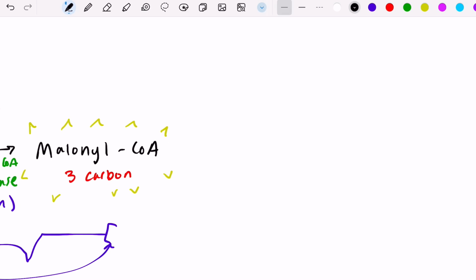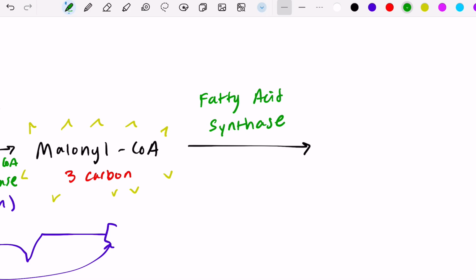All right? So now we have our activated molecule, malonyl-CoA. What happens to it? The main enzyme in fatty acid synthesis is namely fatty acid synthase, right? So we just tack on the -ase to the end there. Fatty acid synthase is a giant enzyme, and it makes use of something called substrate tunneling. Not super important for answering all the questions, but just know that the enzyme is really big and has a lot of active sites that kind of push molecules together and change the environment so that we can stitch together a bunch of small molecules to make a big long-chain fatty acid, right?